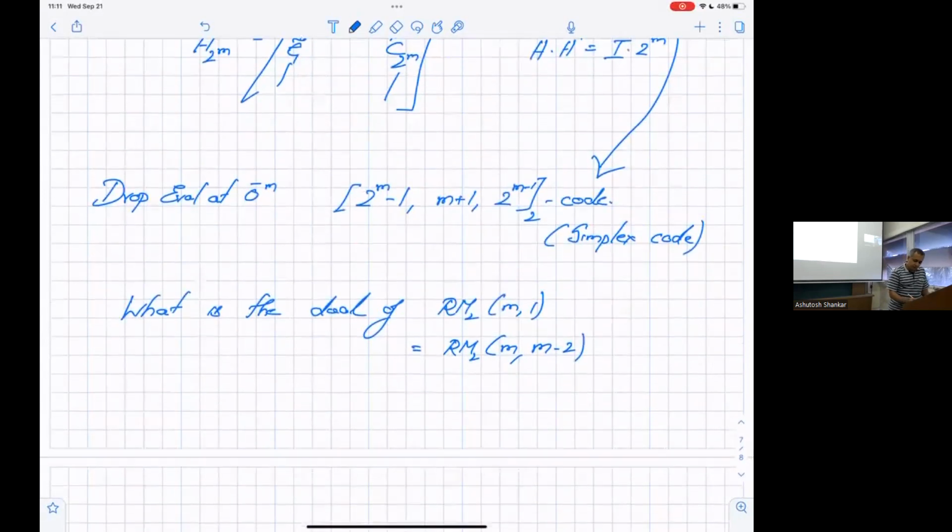So what is this code? It's length, the block length, is 2 power m. What is its dimension? It's the sum of m choose i for i less than or equal to m minus 2, so it's 2 power m minus m minus 1. What's its distance? The distance is 2 power m minus (m minus 2), therefore the distance is actually 4.